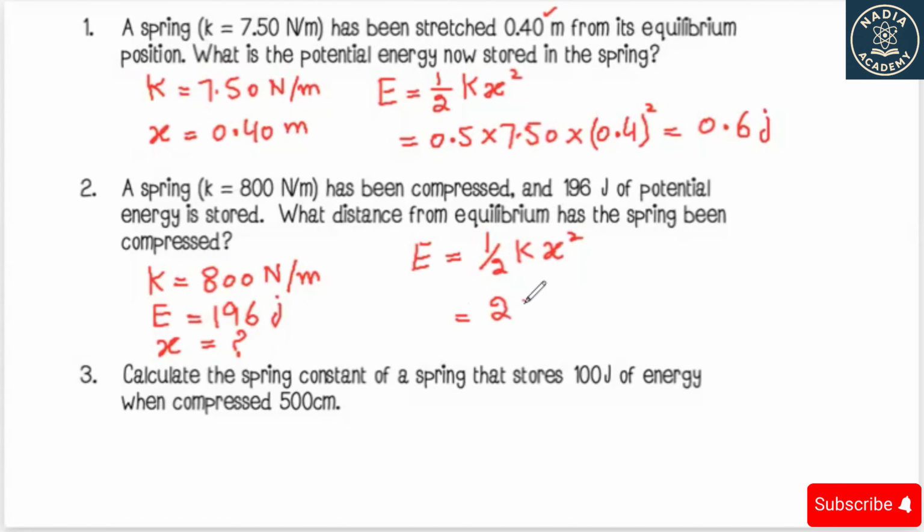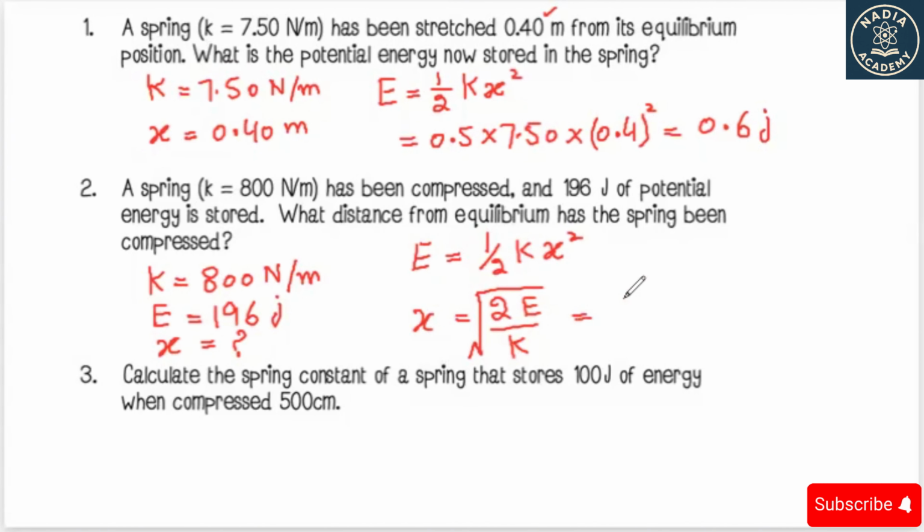So 2 times elastic potential energy. The spring constant k, which is multiplying with x squared, will divide to the other side. To remove the square, we need to take the square root. So x is equal to the square root of 2 times the elastic potential energy divided by the spring constant.